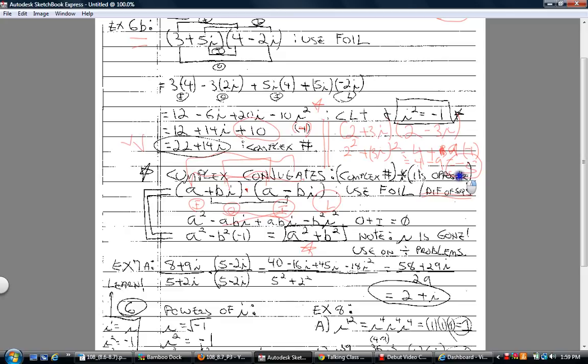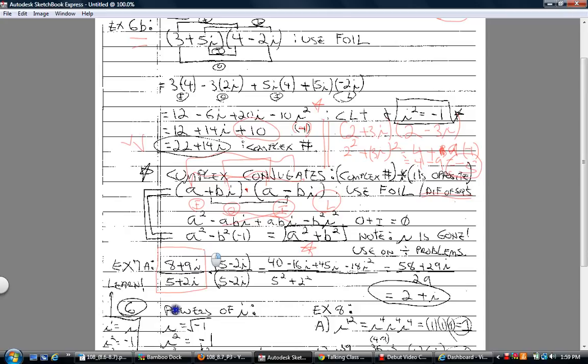Okay, now we're going to take advantage of that fact because on the next problem down here in example 7a, we start off with this. We're going to divide a complex number by a complex number. Okay, now, what am I supposed to do with this?